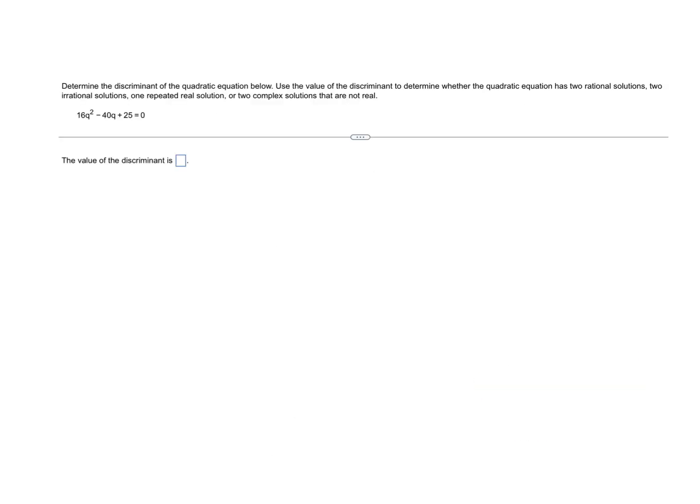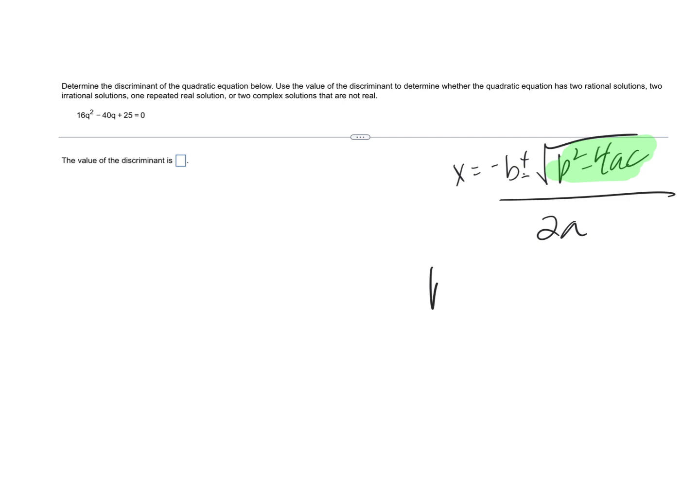All right, so now we get to talk about the discriminant. The discriminant is the part of the quadratic formula that is underneath the radical sign. So remember, quadratic formula is negative b plus or minus the square root of b squared minus 4ac, all over 2a. Our discriminant is this piece right here, b squared minus 4ac.